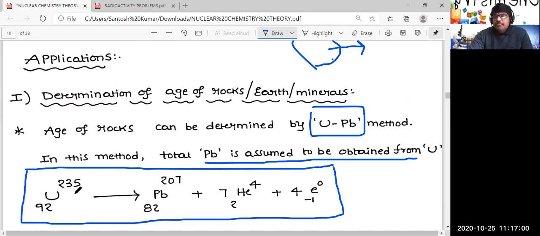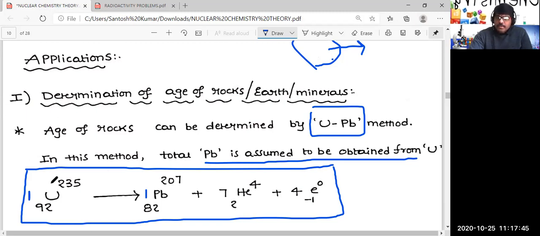And this is the equation we are going to use while finding the age of the rock or mineral. Whenever a sample is given, we have to study the composition of that sample, and whatever lead is present in that sample is assumed to be obtained from uranium only. So this is the assumption we are making, and you can see the stoichiometry of this reaction: 1 mole of uranium produces 1 mole of lead, 7 moles of alpha particles, and 4 moles of beta particles.